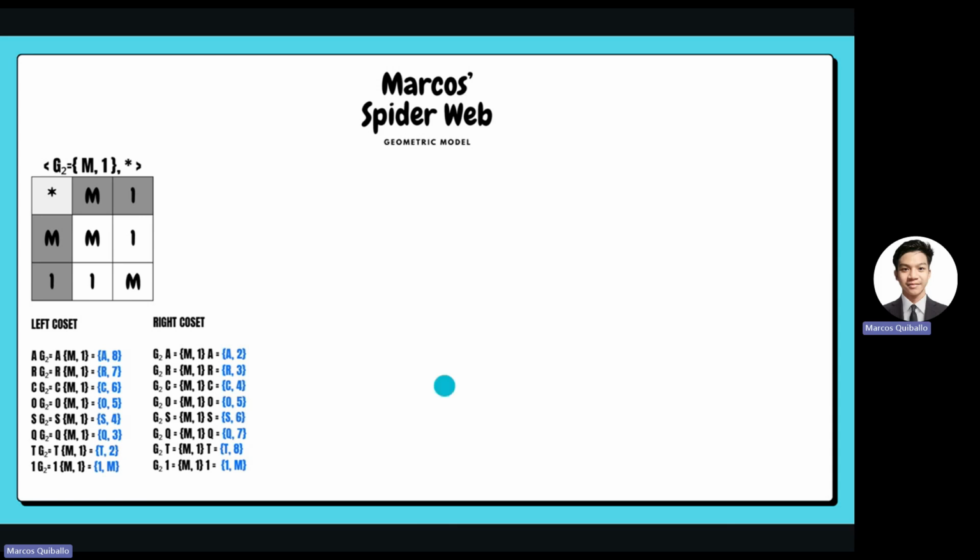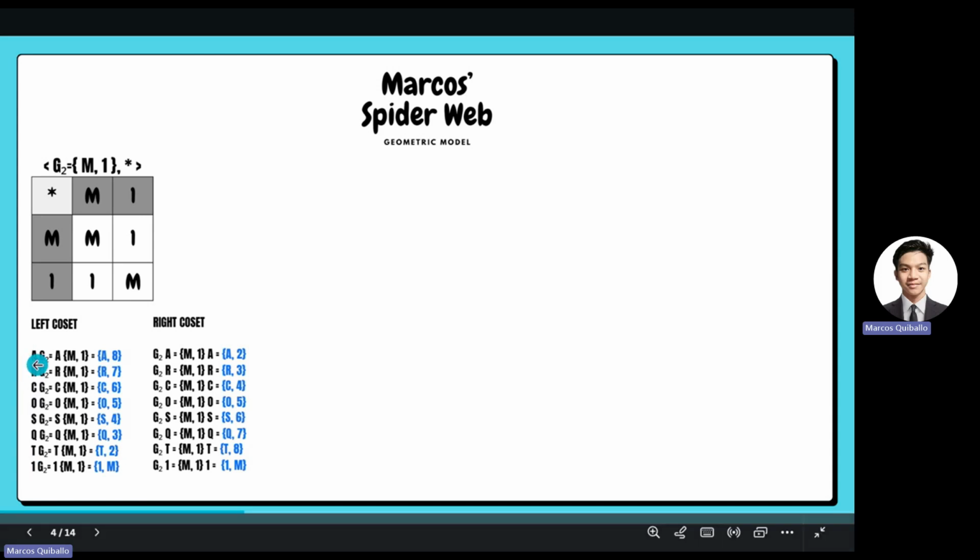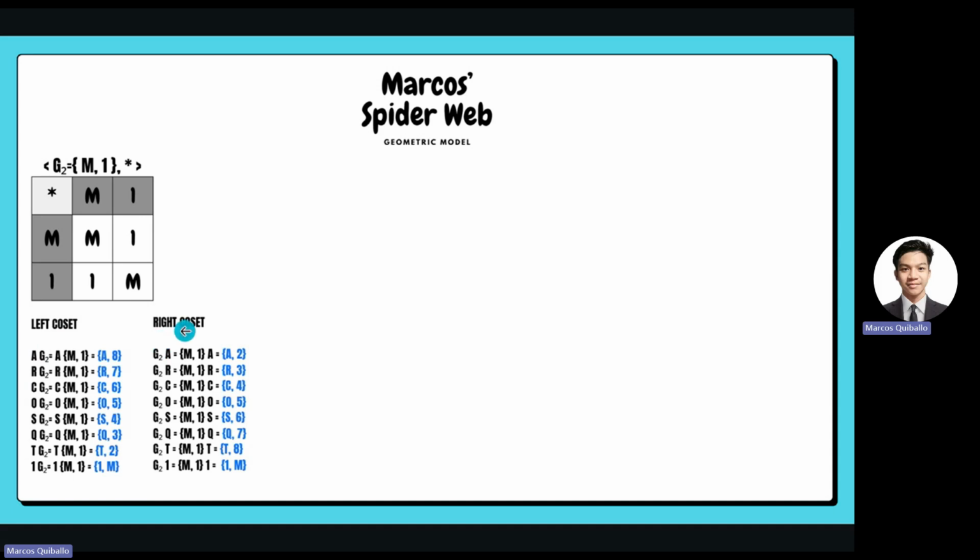Here, on the left is the other element of our set, which defines the left coset. And for the right coset, the other element in our set is on the right. So that is the difference between the left coset and the right coset.